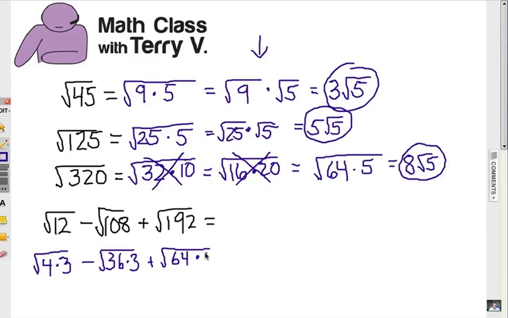So, how do you write that as simplified radicals? Well, square root of 4 is 2, so that's going to be 2 radical 3. Square root of 36 is 6 times radical 3. So we write it like that. And square root of 64 is 8, so that's going to be 8 radical 3.